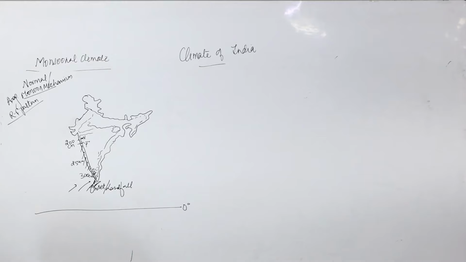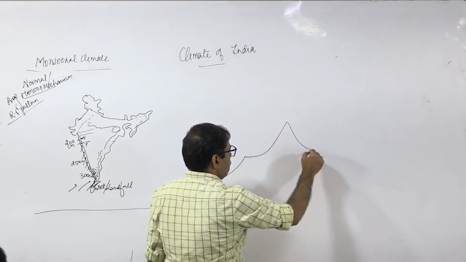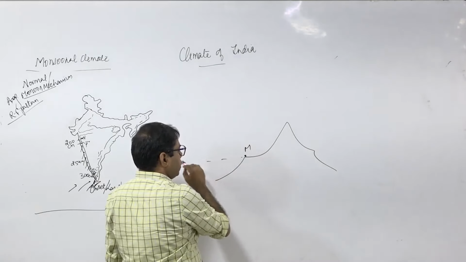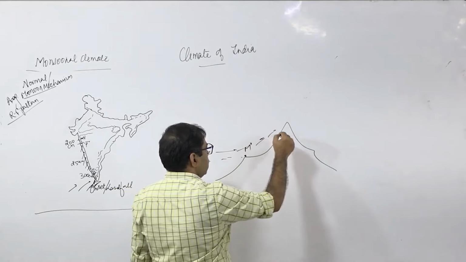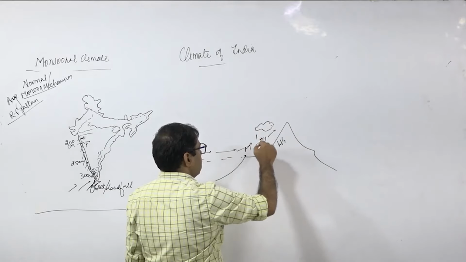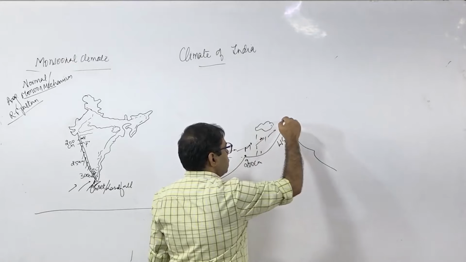So, Nasik and Pune receive about 80 to 100 centimeter rain because they are on the leeward side. Mumbai is on the windward side, and then Nasik, this is the location of Mumbai. Winds reach and rise against the Western Ghats, and precipitation occurs. So, it is 200 centimeter, the wind becomes dry and descends.